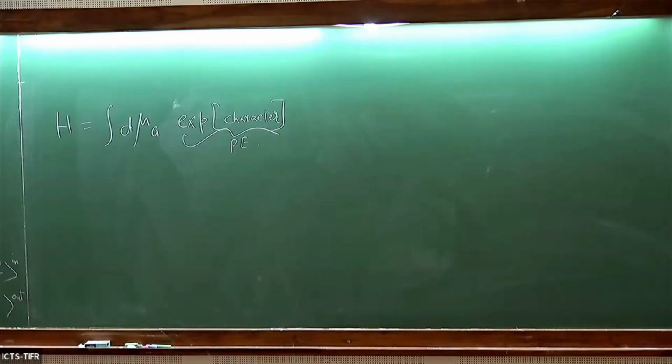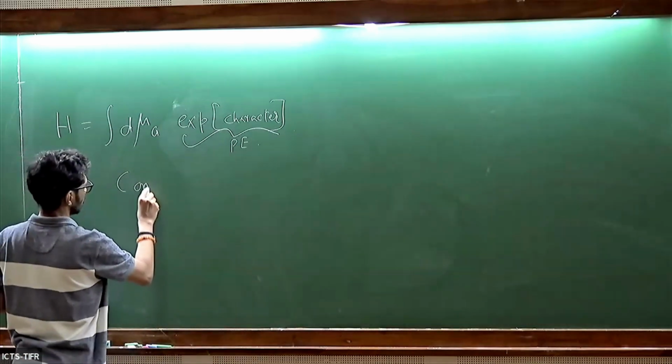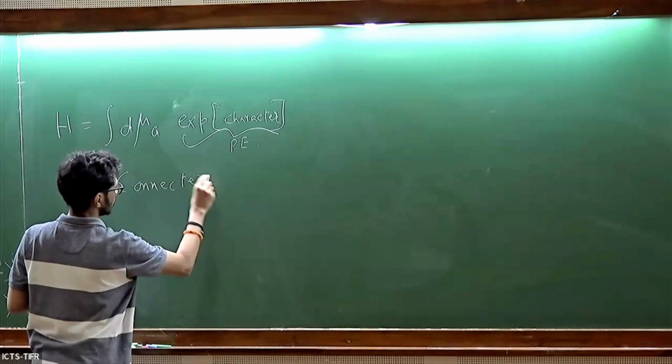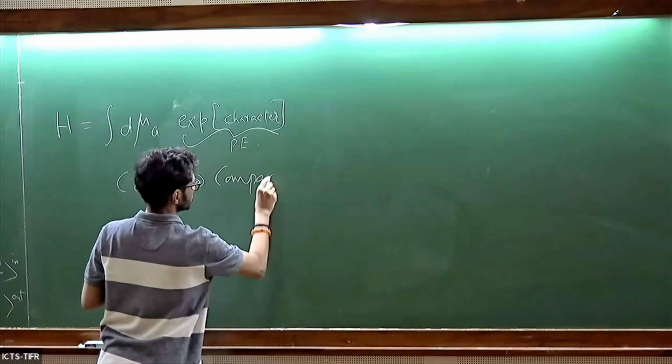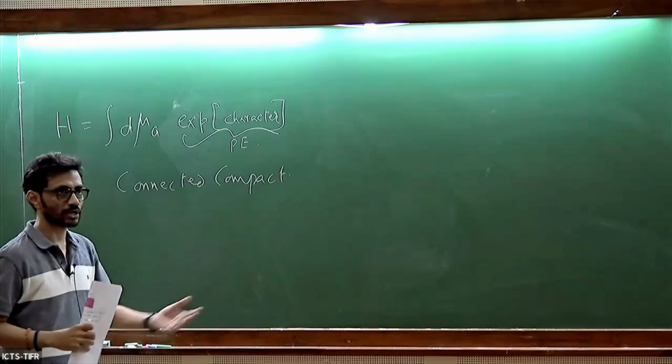So for a connected compact group, we have learned how to calculate the characters for different kinds of irreducible representations in terms of the torus coordinates.